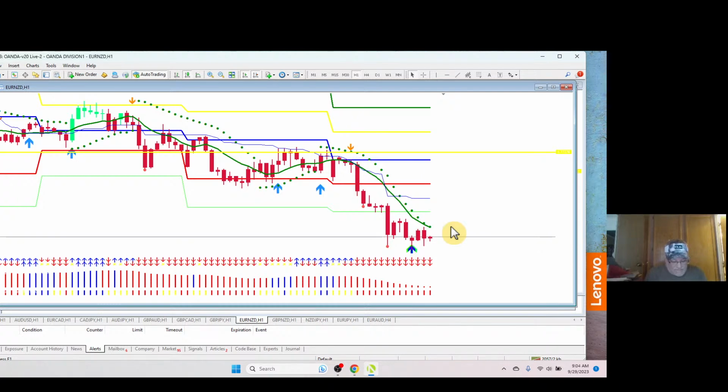Hope I didn't have an opportunity. See, I don't. The Pound Swiss, I don't. The range on that is just not good. But it made a big move up too.